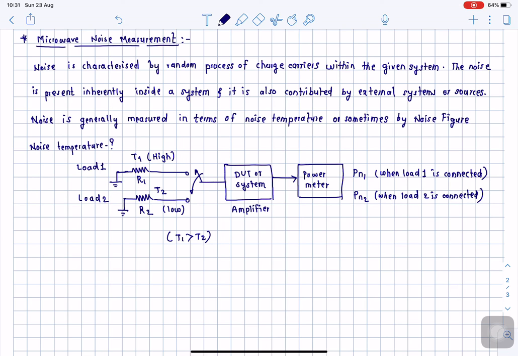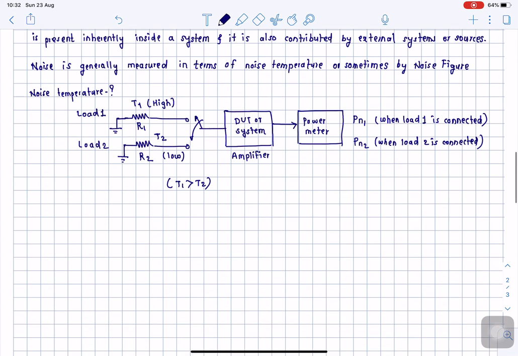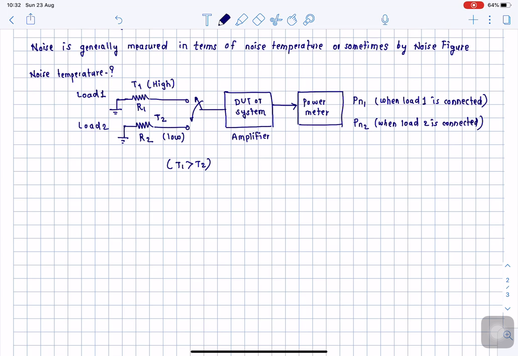Now in these two situations, noise is getting generated within the amplifier itself, as well as being contributed by these two different loads. Now we will establish a relationship of noise power with the noise temperature.